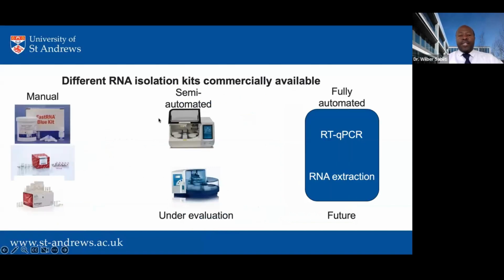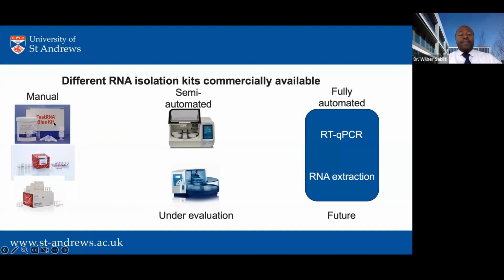Here is just for us to appreciate the different RNA isolation techniques that are available out there. For now, we've been mainly using the manual extraction kits that are available commercially.